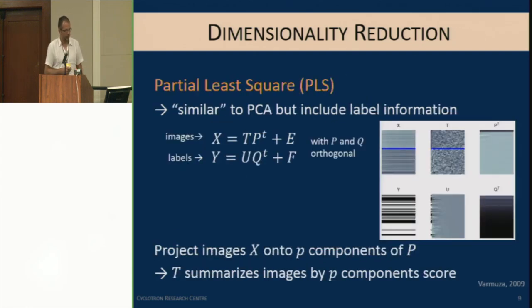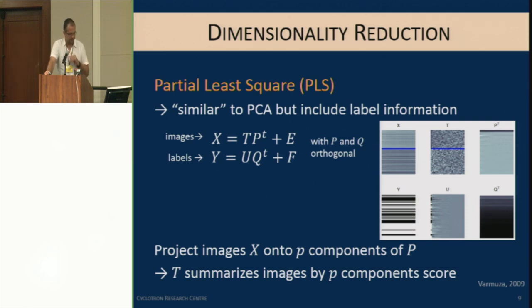Another way of doing it that is similar but also different, because if it was the same, it wouldn't be fun, is to use partial least squares, where you are also decomposing your image into orthogonal patterns, but you want to make sure that you have a maximum correlation between the part that is associated with the image and the part that is associated with the labels.